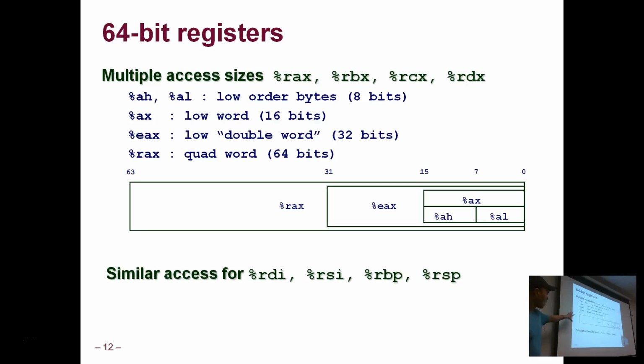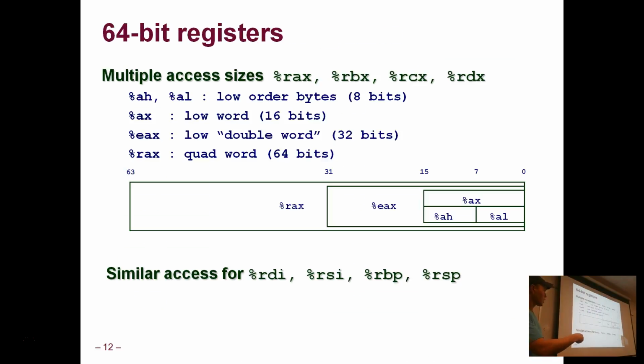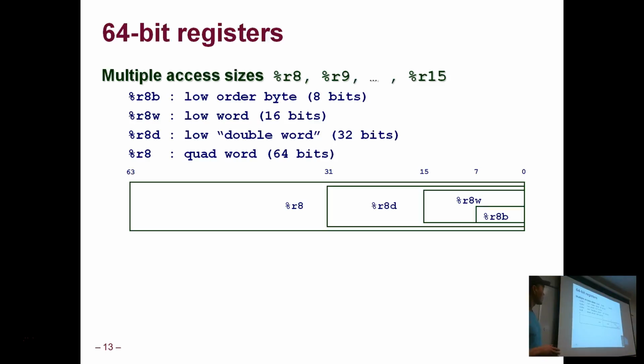Okay, so all of the registers on the left here have a similar way of accessing it. The other registers on the right are numbered from 8 to 15. And to access the different parts of these registers, there's a byte version, R8B, a word version, R8W, R8D, and R8 by itself is the 64-bit version.